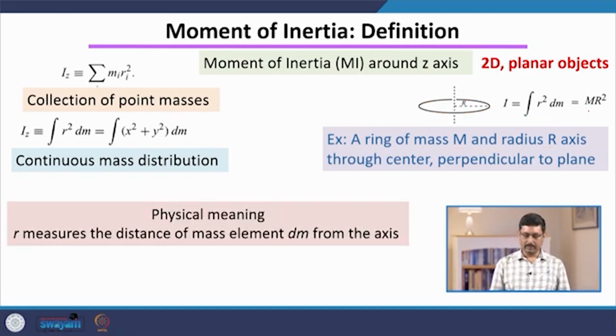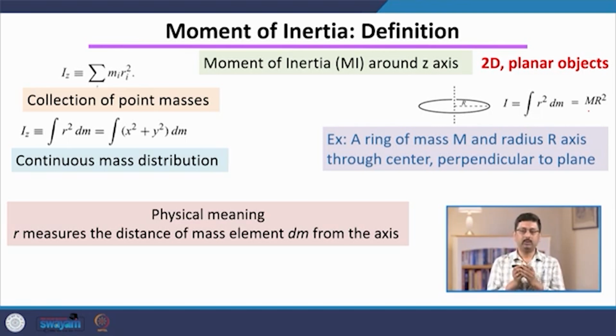So, the physical meaning of this is the following. When something is rotating, it is not only the mass that is important. In translational motion, what we have considered so far is the mass of a point or the mass of an object.